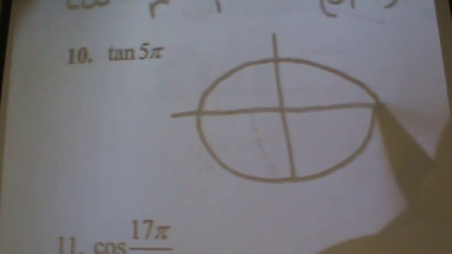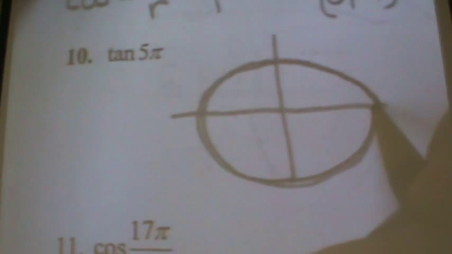How about 5 pi? Where is 5 pi? Well, if we start here and go around, where did I just go? I went to 2 pi. And if I go around, that's 4 pi. And where's 5 pi? Right here.